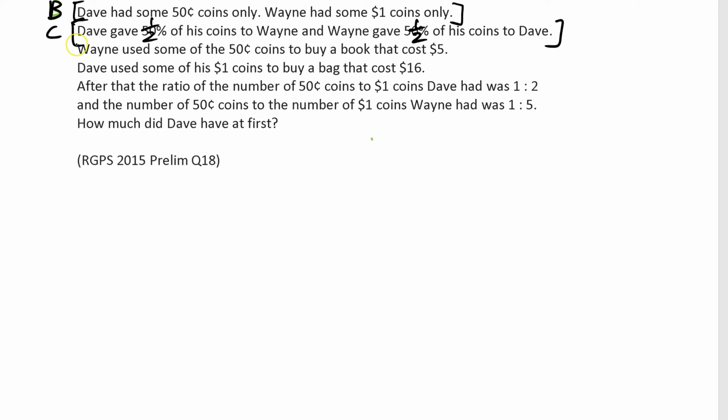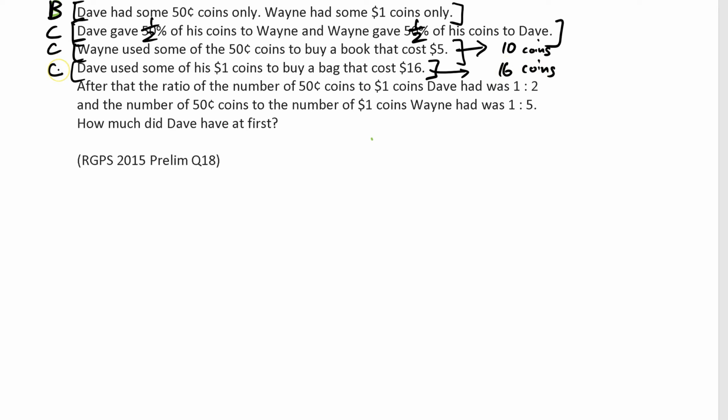Then Wayne used his coins to buy a book that cost $5. So long story short, 10 50-cent coins were used. Correct? The second one, $16 in $1 coins means that 16 coins were used.